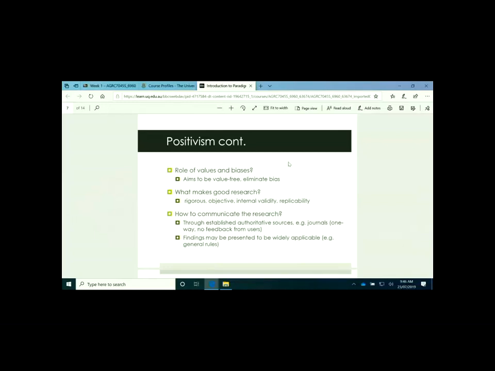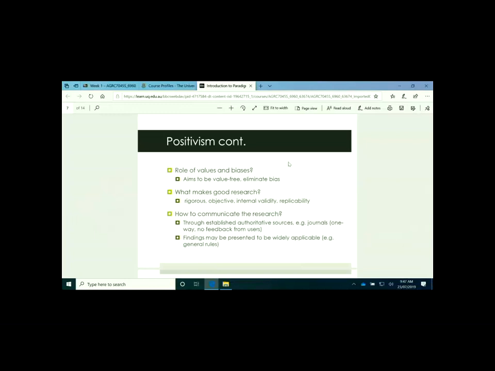All right? And in this case, what makes good research? That it's rigorous, that it's objective, that it has internal validity, and it's reproducible. Okay? And how do we communicate research?